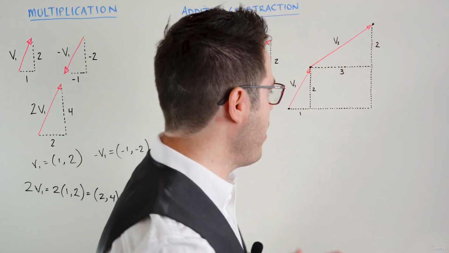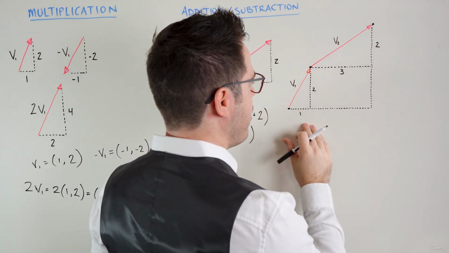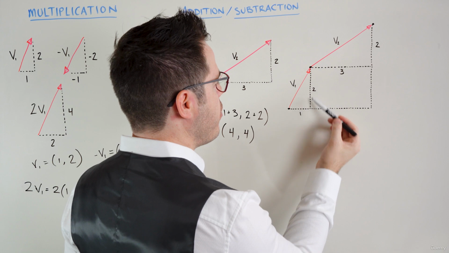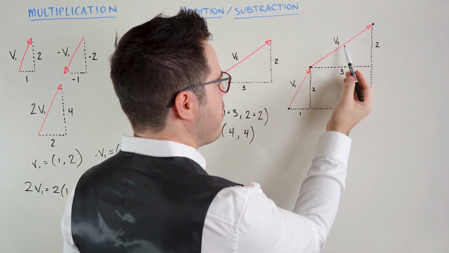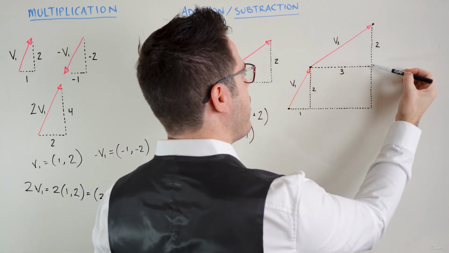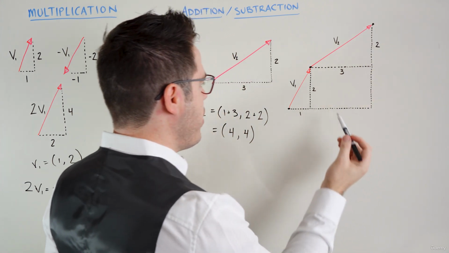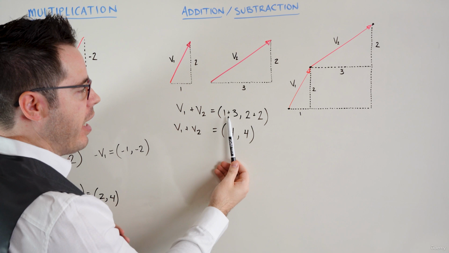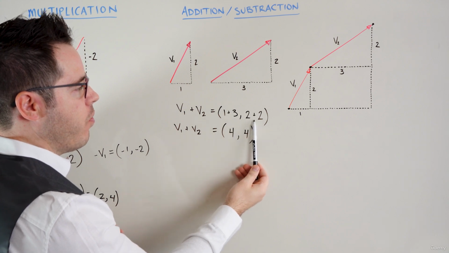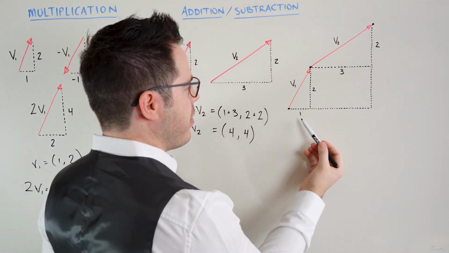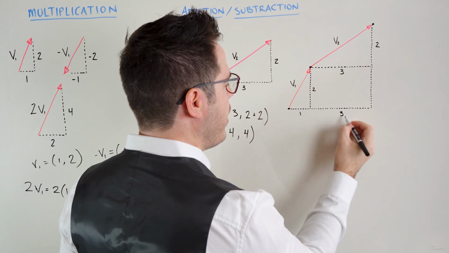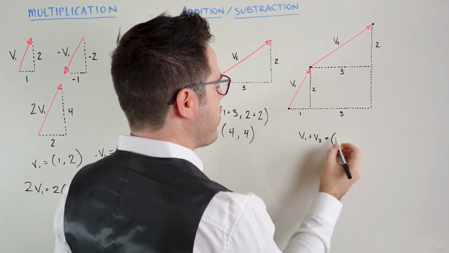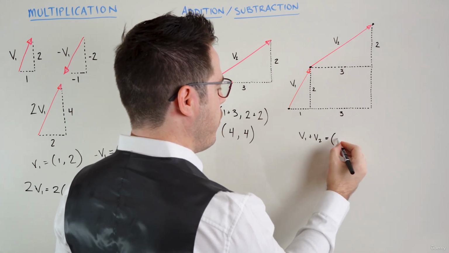This makes sense if we take a look at the components of each vector. v1 has components 1 for the x and 2 for the y. And v2 has the components 3 for the x and 2 for the y. And we know that to add these two vectors together, we perform component-wise addition. We add their x's together and we add their y's together. v1's x is 1 and v2's x is 3, and we know that the result, v1 plus v2, has an x component of the sum of these two, which is 4.